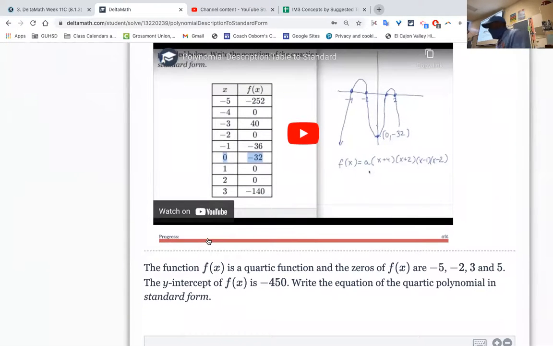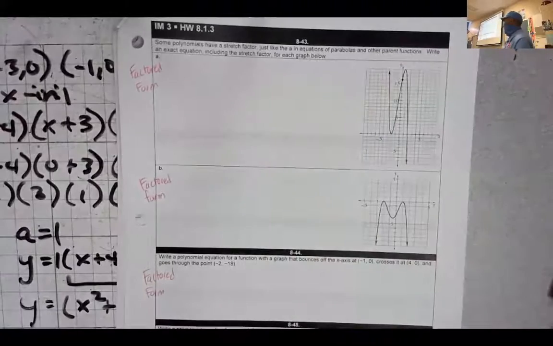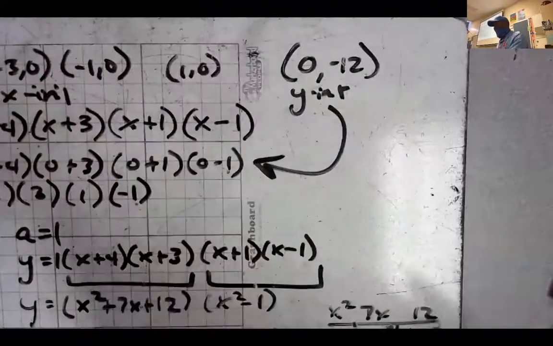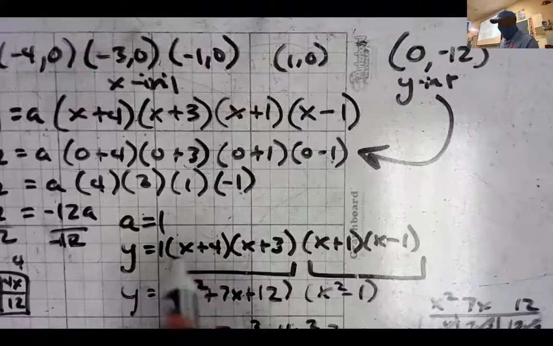All right, last thing I want to do is just talk about the packet. So the first page, like I told you guys yesterday, the first page of today's assignment, only write these in factored form. Factored form, for instance, for that problem we just did, would be to basically stop right here.